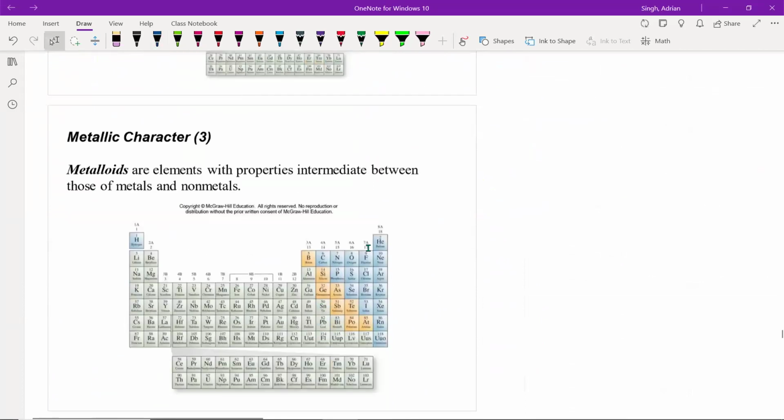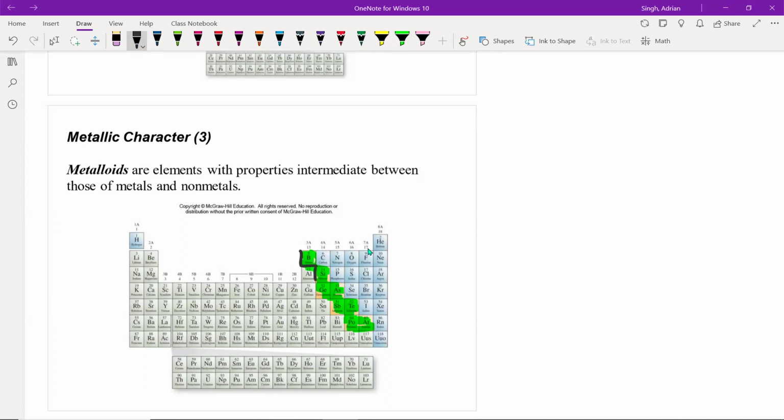The metalloids, on the other hand, right, these are located sort of intermediate between the metals and the nonmetals. So that little zigzag or the little staircase on the periodic table, we can draw a line. The elements that straddle that zigzag line, those are your metalloids, all right? So we'll just draw that line in.